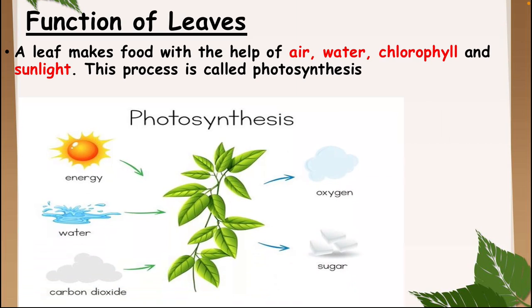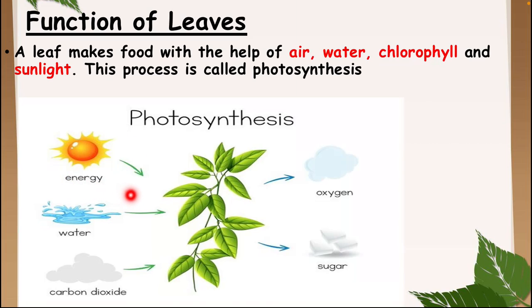The first important thing in the process of photosynthesis is chlorophyll, the green pigment in the leaves. It is essential to the photosynthesis process. Then the sunlight, which we call energy. This process cannot work without an energy input, and this comes from the sun.